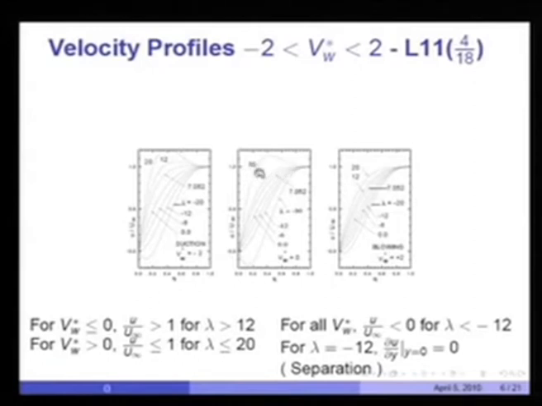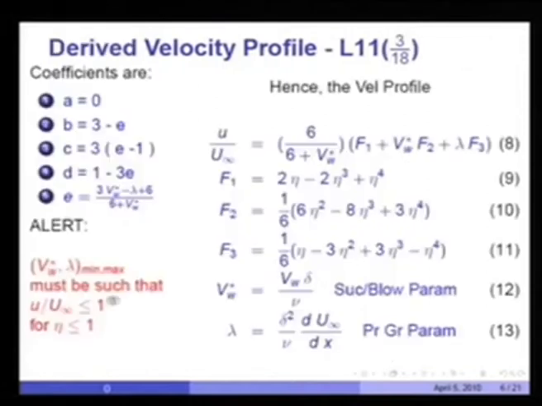In fact, that is what would happen for all values of lambda greater than 12, and therefore, such values of lambda are not admissible. Likewise, values less than lambda equal to minus 12 are not admissible, because velocity itself will turn negative. This is the importance of this comment which I made here.